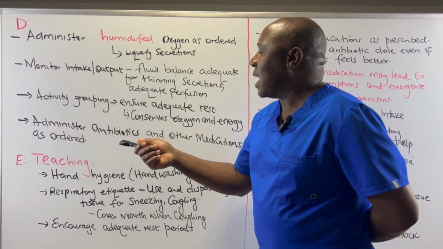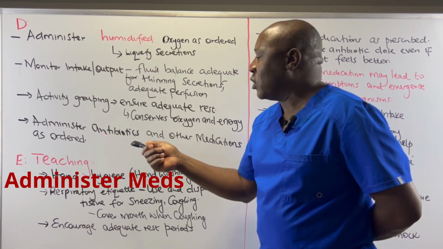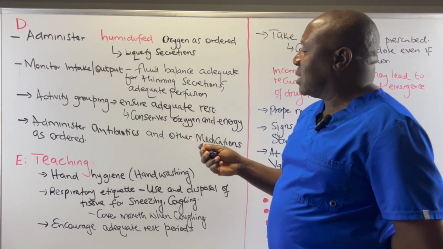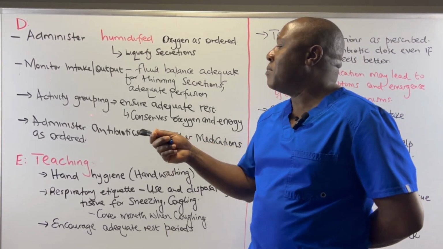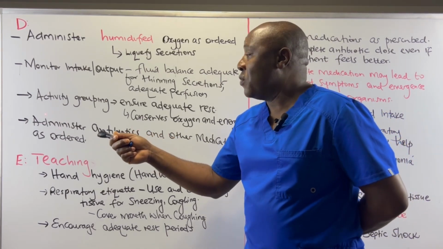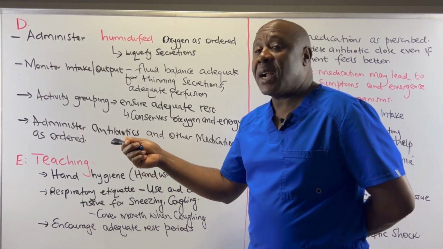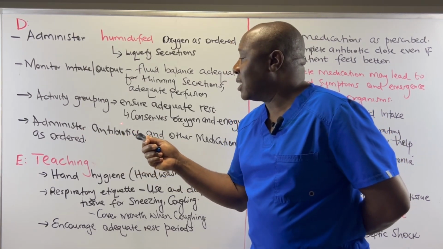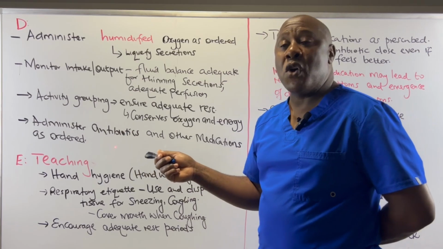And then as a nurse, administer medications, administer antibiotics and any other medications which are ordered. Remember, we said in our previous video that with antibiotics, you must draw the cultures first. If they are blood cultures, urine cultures, or even sputum, you have to draw them before you start administering antibiotics.